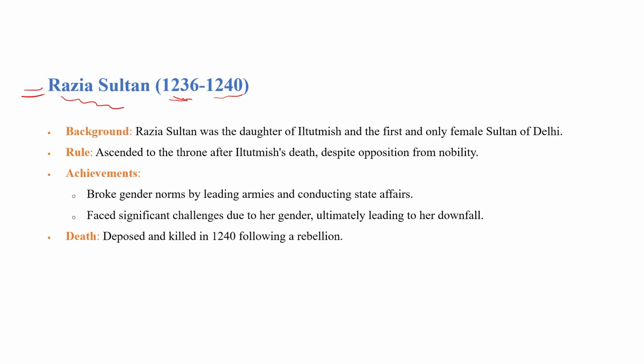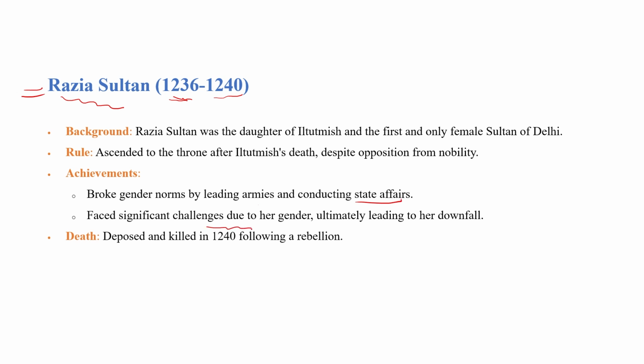As she was basically the only female ruler during the time of the Delhi Sultanate, most of the cousins and most of the ministers were against Rajia Sultan. The ministers and cousins wanted to become ruler, so she broke gender norms by leading armies and conducting state affairs.